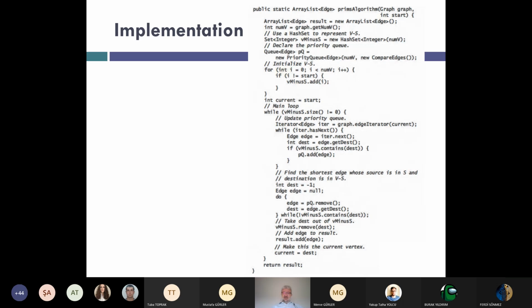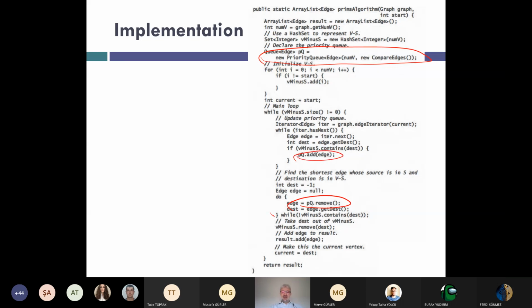I'm not going to go into detail of this implementation. You can check this implementation, which uses a priority queue. As you see, it uses a priority queue here and here as well. It should use priority queue remove, etc., and a priority queue update as well in some way.